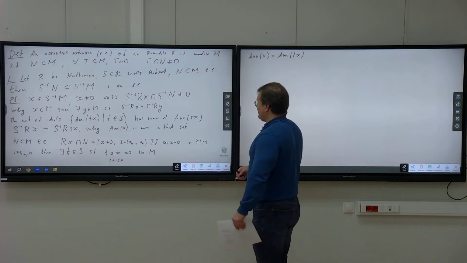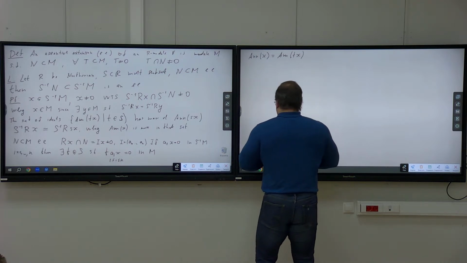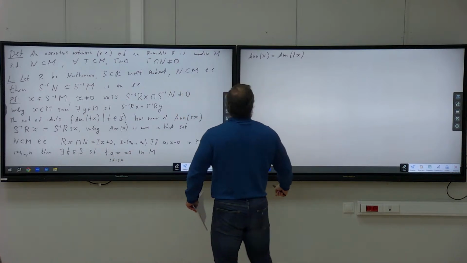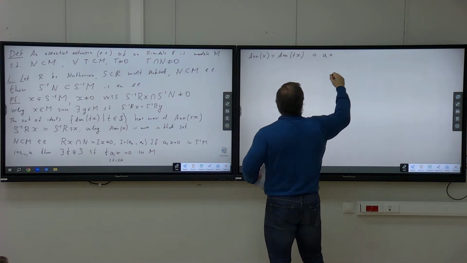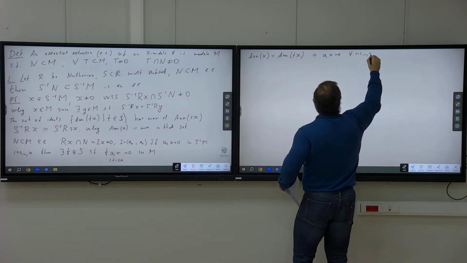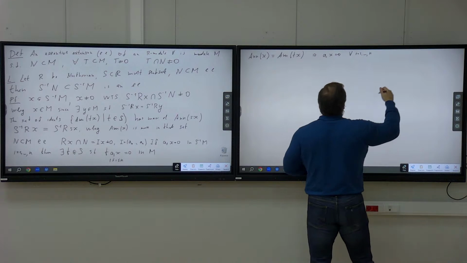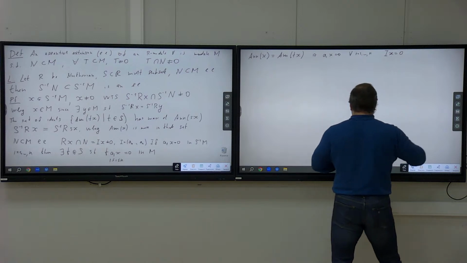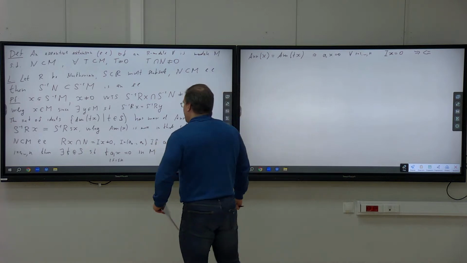So all these a_i annihilate tx, hence all these a_i annihilate x, for any i between 1 and n. So a_i x is equal to 0, which is a contradiction with the fact that we have an essential extension N in M.